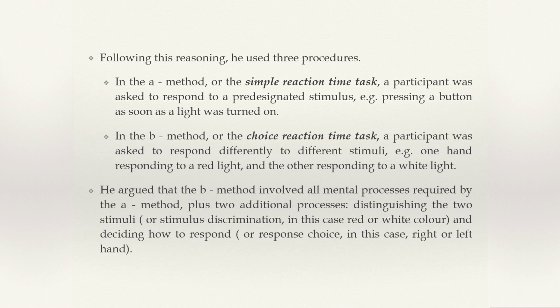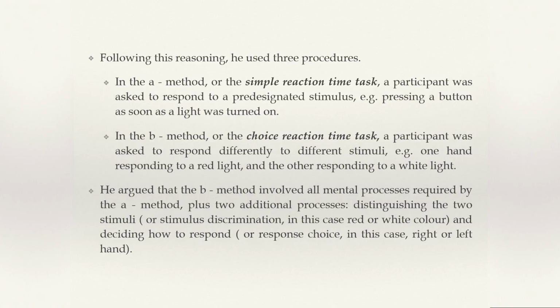So, for example, use one hand to respond to a red light and use another hand to respond to a white light. In the first one, as soon as you see a light, you press a button. In the second one, you see which light is turned on, and if the red light has come, use this hand; if the white light has come, use this hand. Now, you can see in A, there is just a single step. In B, there is a decision that is also involved. Which light has come up, I evaluate, and then I choose my appropriate hand to respond.